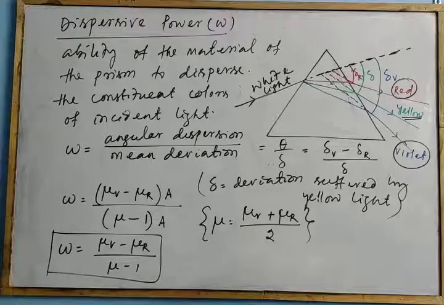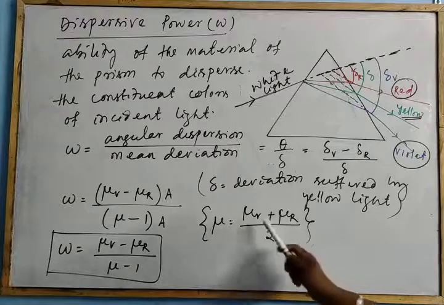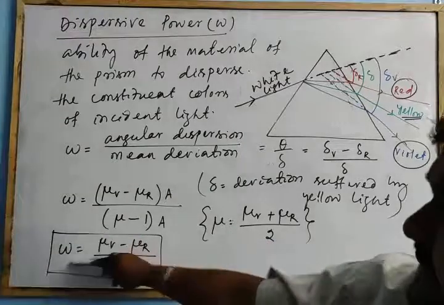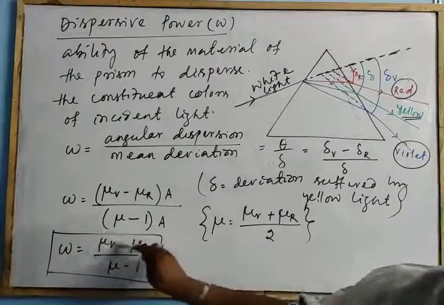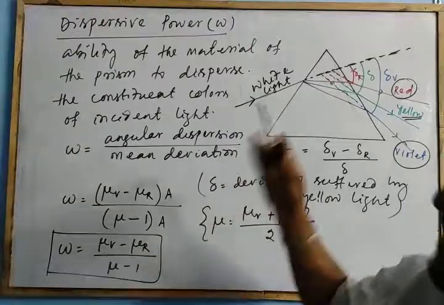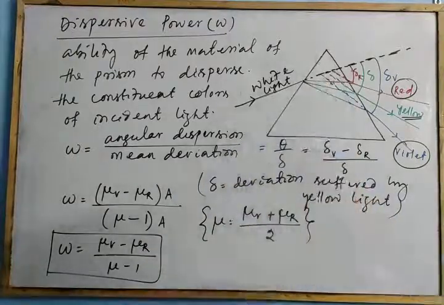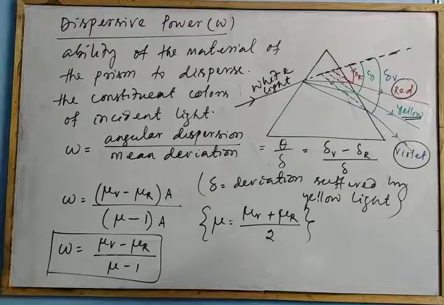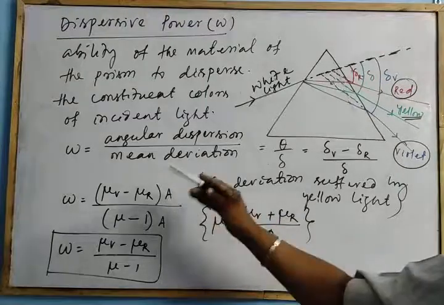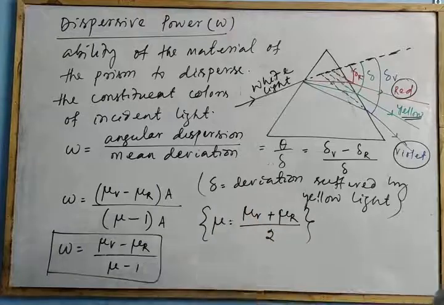Clear? And another thing to remember: the dispersive power depends only on the nature of the material. This mu comes from the nature of the material of the prism, right? And it is independent of the angle of prism. It does not depend on the angle of prism.